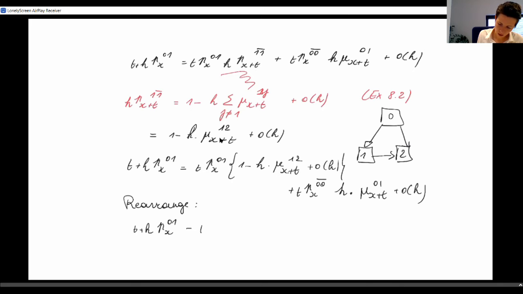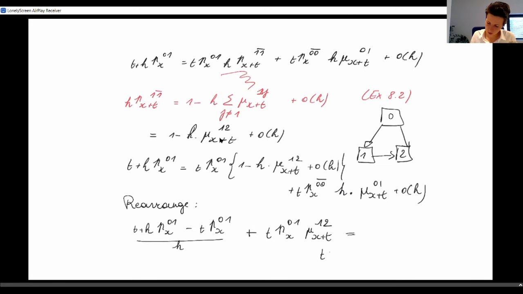So by rearranging, I find the expression t plus h px01 minus tpx01, divided by h. Let me bring the other term to the other side as well. So I'll get tpx00 bar multiplied with mu x plus t 01 plus little o of h, divided by h.